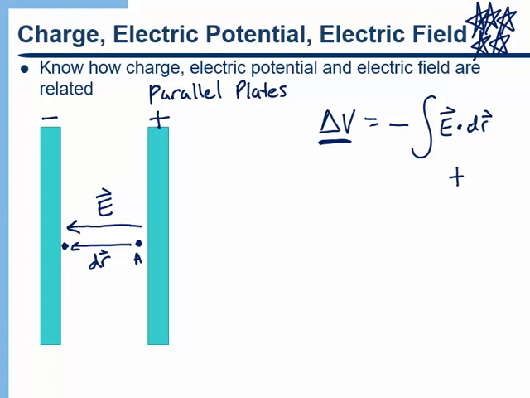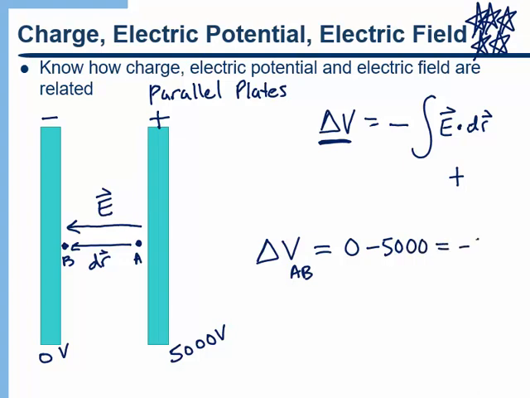So that would be a negative electric potential difference. If this plate is at 5,000 volts, this plate would be at 0 volts. And so that charge would be going through an electric potential difference of negative 5,000. In other words, delta V AB would be 0 minus 5,000, or negative 5,000 volts.